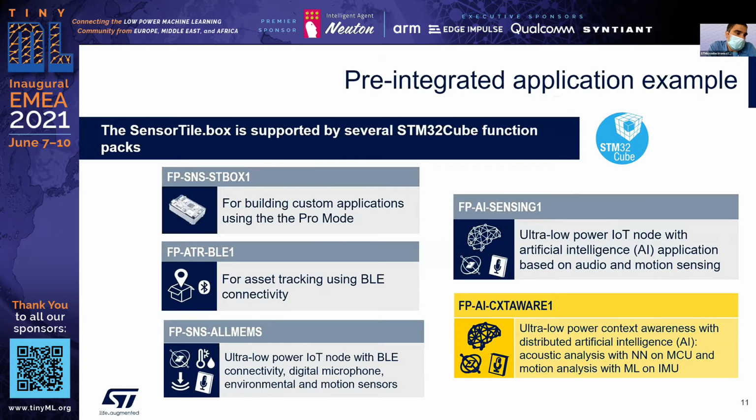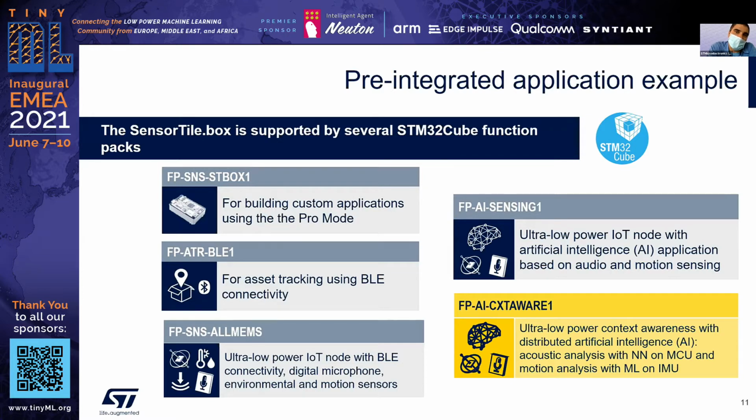The context awareness is not the only function pack available on st.com for the SensorTile.box. You can find several other software packs for this board. In particular, there is a software pack that shows all the basic features of all the components that you can find in the SensorTile.box. We have another function pack for asset tracking using BLE connectivity. We have another function pack that shows all the features of our MEMS sensors that you can find in the SensorTile.box.